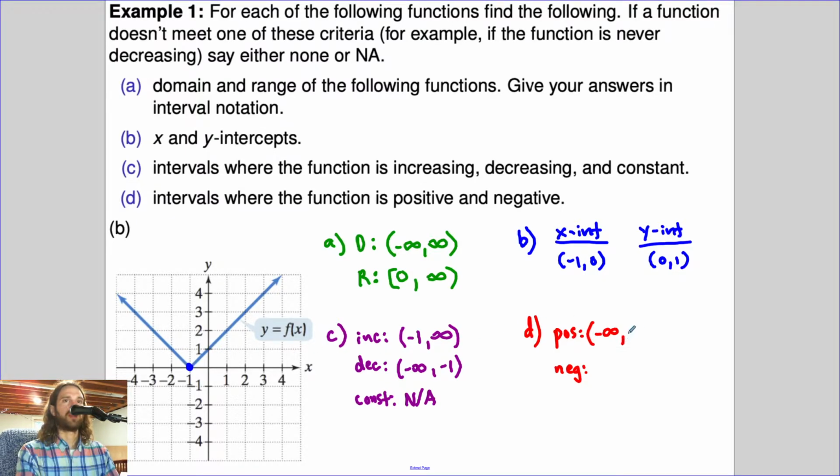So it's above the x-axis from negative infinity to -1, but not at -1. So we actually have to talk about two separate intervals, with a point that's missing between them. That's kind of awesome. Negative: not applicable.